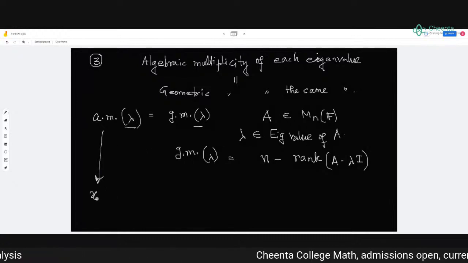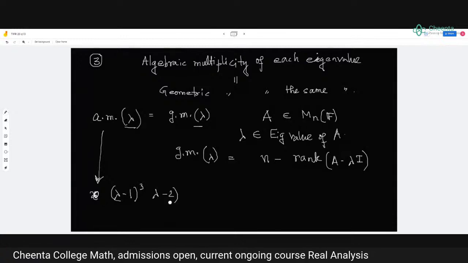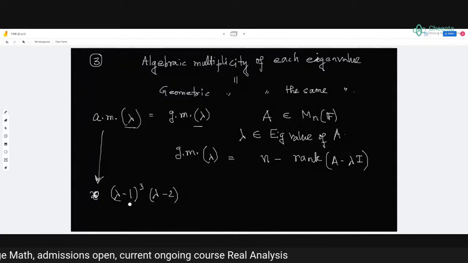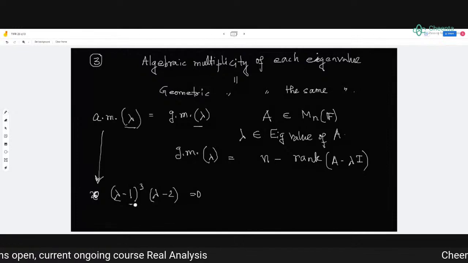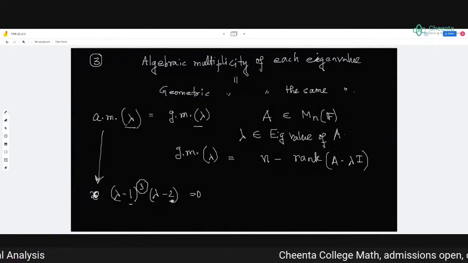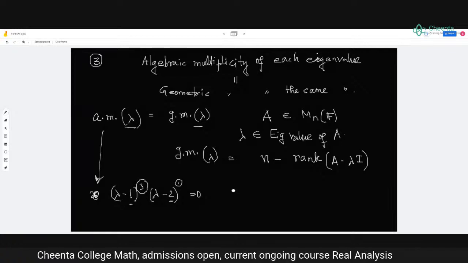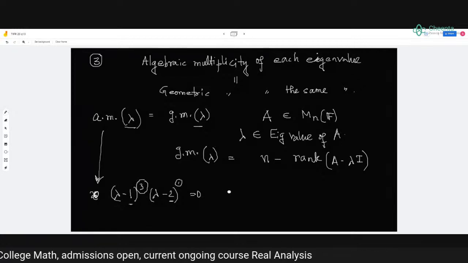Let's say you have the characteristic polynomial like this: lambda minus 1 whole cube into lambda minus 2. Then the eigenvalue 1 has algebraic multiplicity 3, whereas the eigenvalue 2 has algebraic multiplicity 1. It's basically the number of times it occurs as a root.